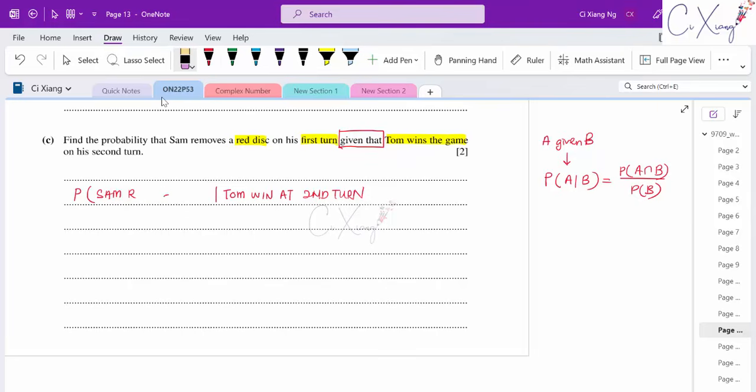Maybe I write it in a simpler way: Sam's first disk removed is red color.